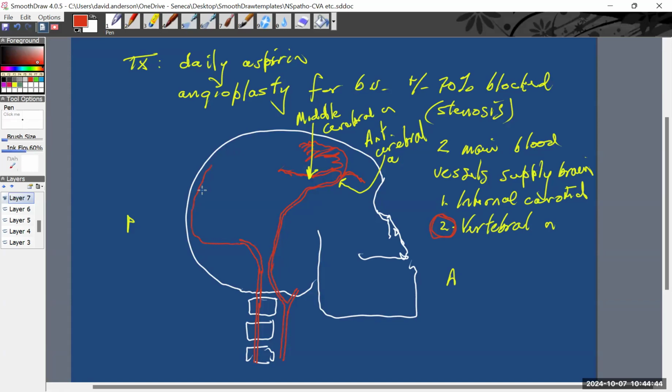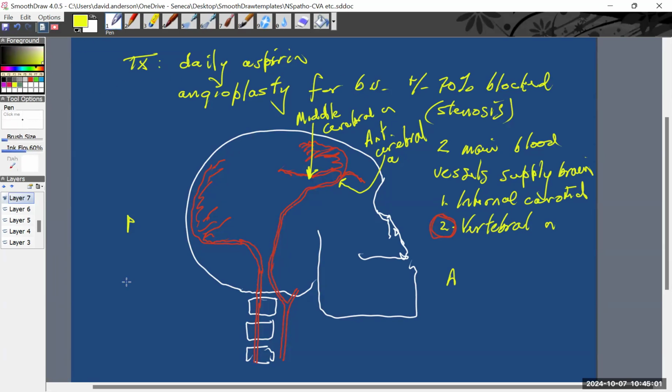Our posterior cerebral artery is going to look after structures just like it sounds, in the posterior cerebral regions, as well as the occipital. So over here, let me get the color.